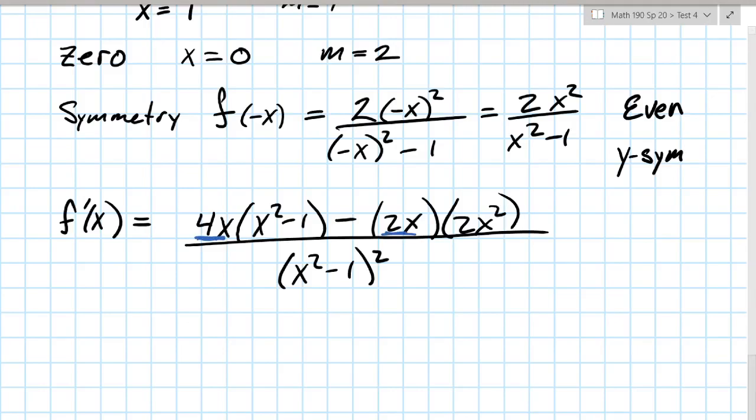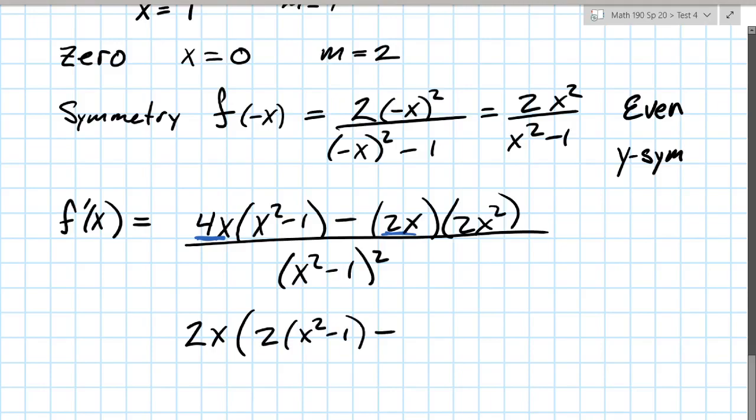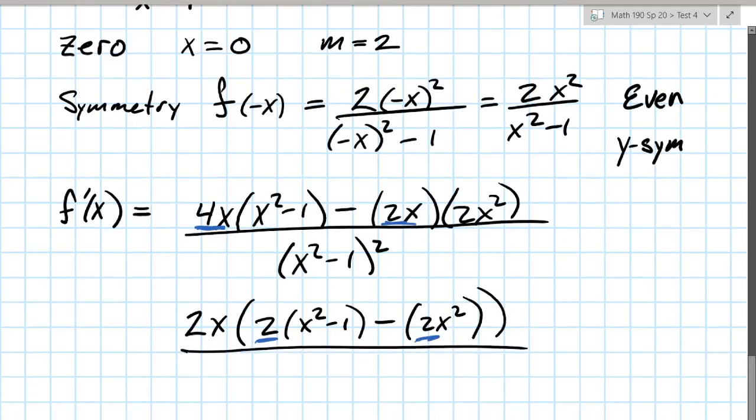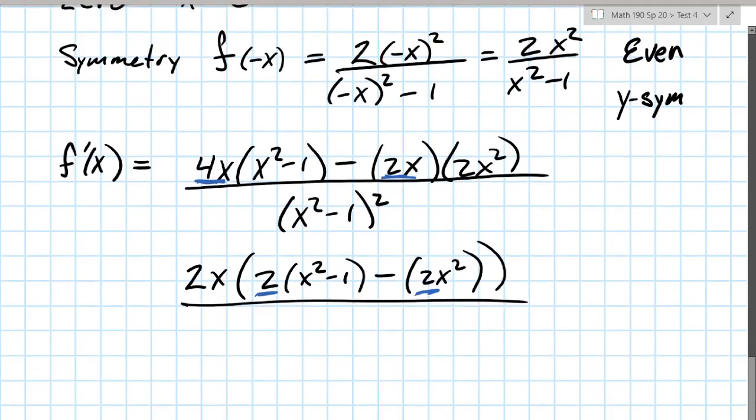And I notice a 2x in both of those terms, so let's factor out a 2x, and we're left with 2 times x squared minus 1 minus 2x squared. We also have a second 2 that we can factor out of the top. We'll do that on the next step.